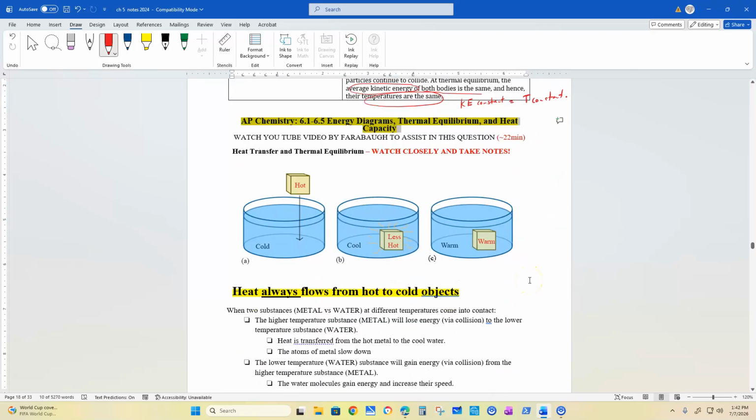So with calorimetry, what if we take cold water and we put a hot object in? Well, we know the cold water has very low temperature and the hot one has very high temperature.